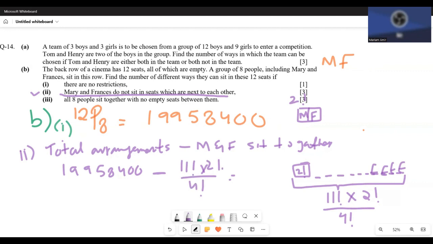In fact, it comes out to be 3326400. And when we subtract, that gives us 1663200. So that's the answer.